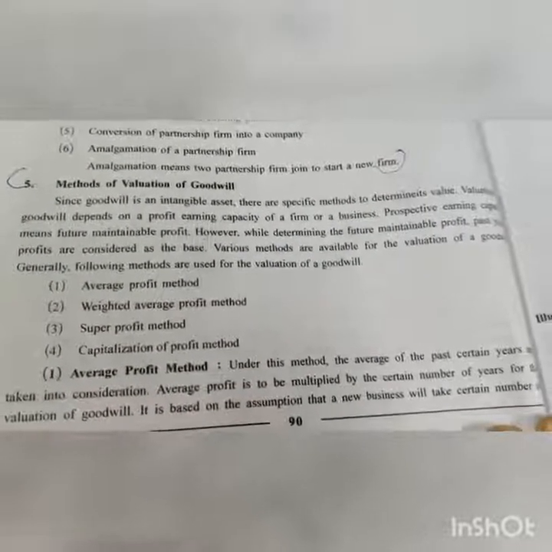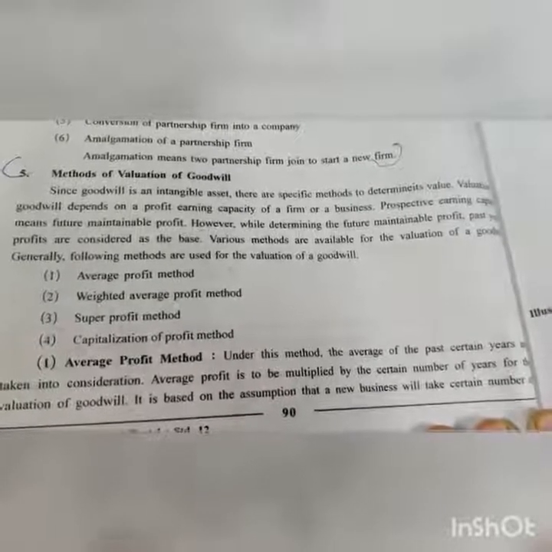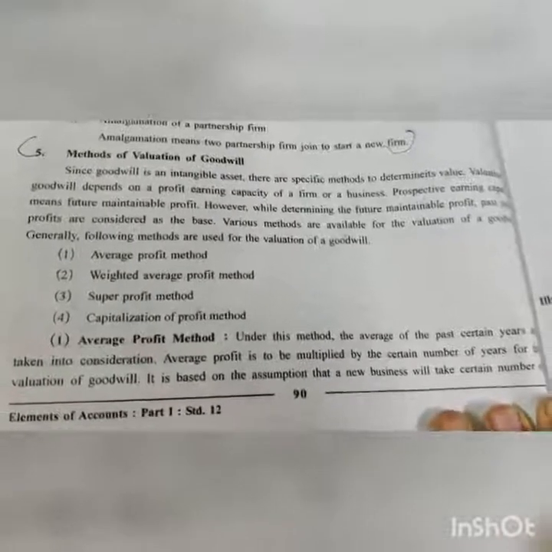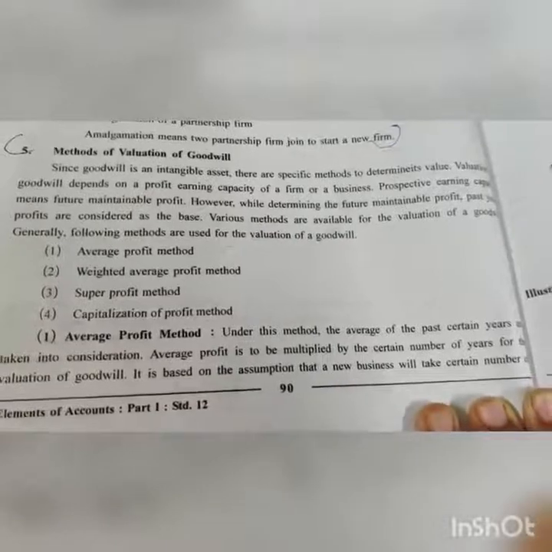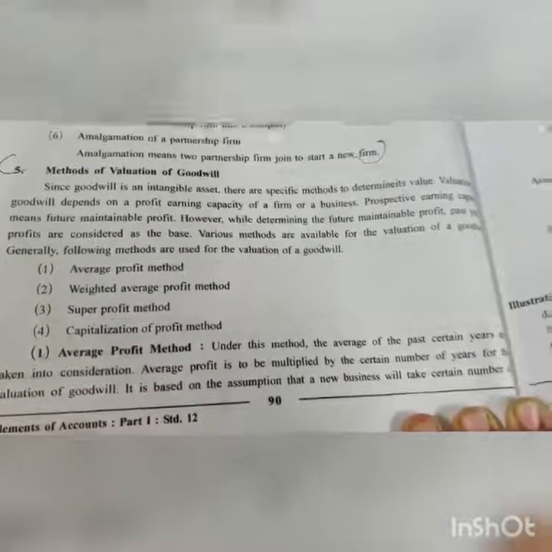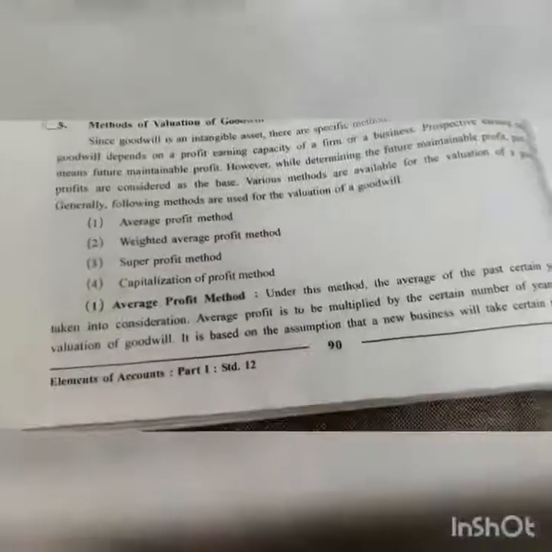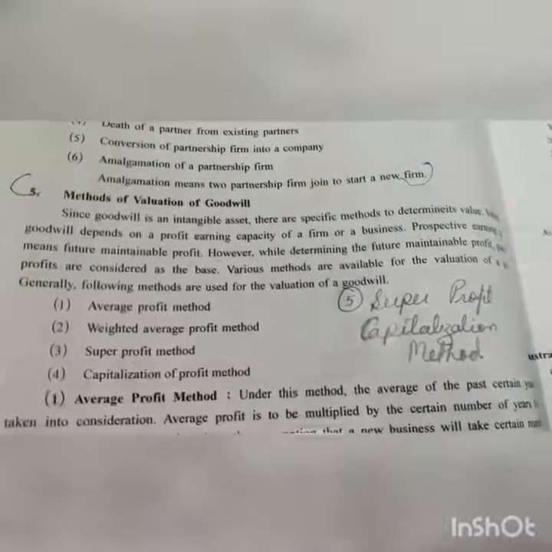In short, remember that generally the following methods are used for the valuation of goodwill. Four methods are there: average profit method, weighted average profit method, super profit method, and capitalization of profit method. One more is there, the fifth one, that is the super profit capitalization method.